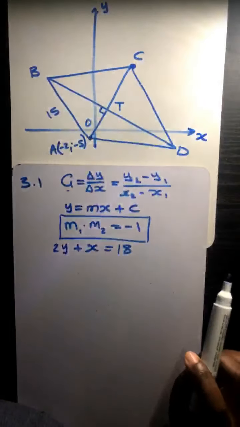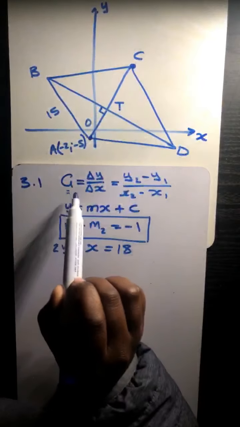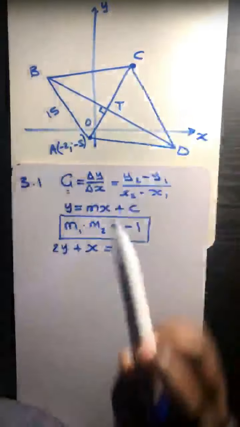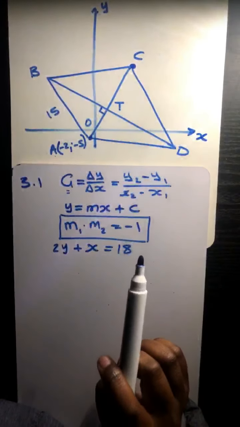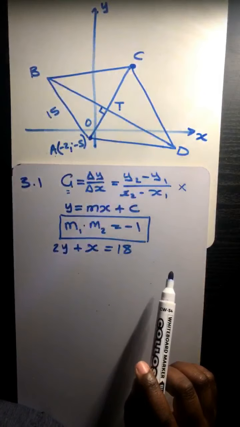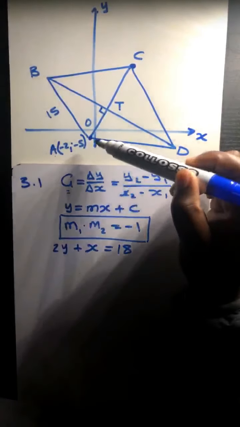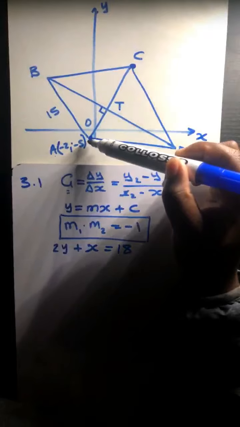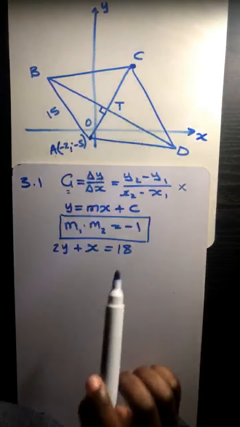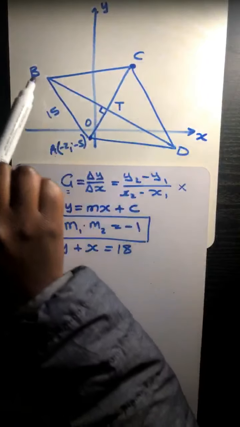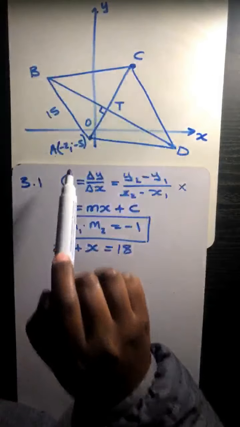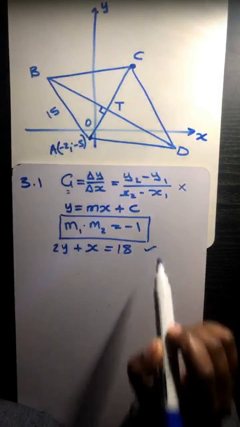So ask yourself this question: do I have two things, which are the coordinates of point A and point C? I don't have them. That means this formula cannot be applicable in that case. Do I have the equation of the line AC? You don't have it. But now, do I have an equation of a line crossing that line? Of course, you do have it. It is given as that.